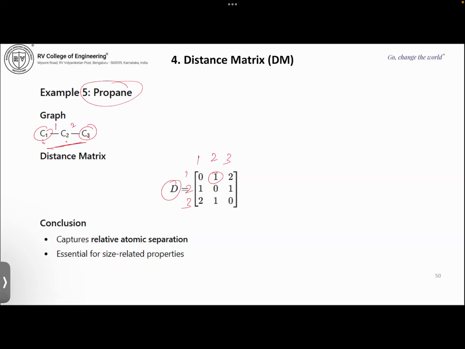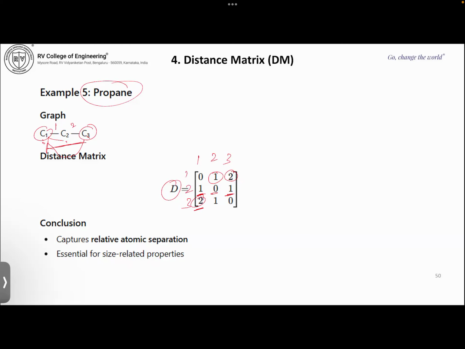So therefore, 2 edges. Similarly, 2 and 1, they're separated by 1 bond, and 2 and 2 is 0, and 2 and 3 is again separated by 1 bond. So therefore, it is 1. 3 and 1 are separated by 2 bonds. Therefore it is 2, 1, 0.